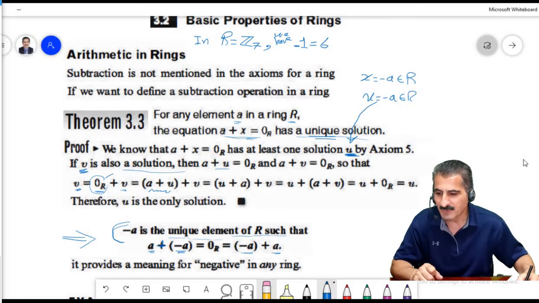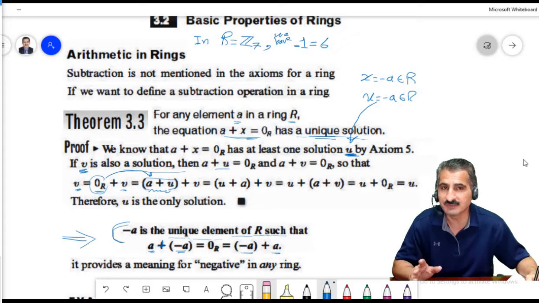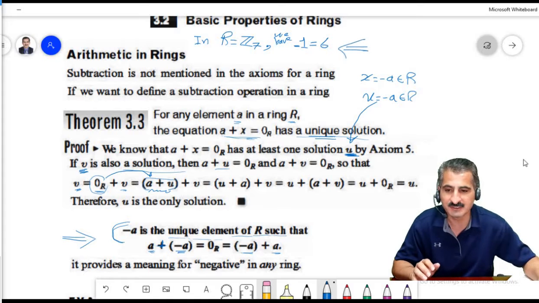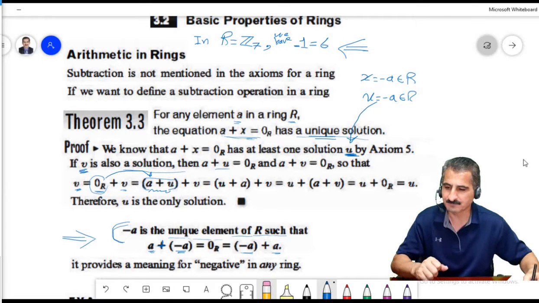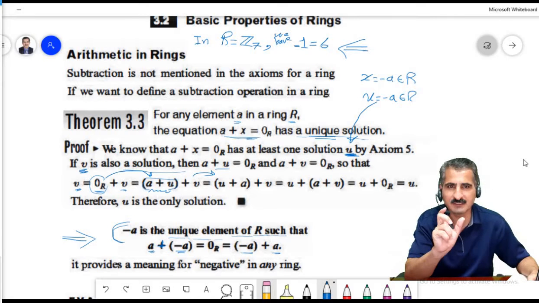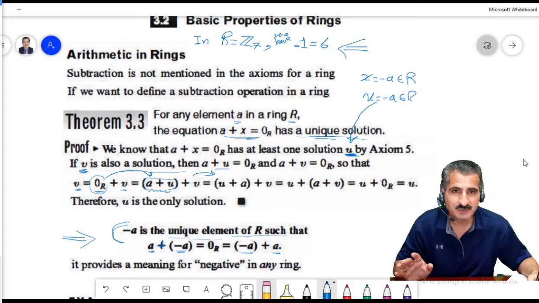So we replaced the 0 with A plus U because U is negative A. Now we will keep saying negative A, but we mean it is the additive inverse. Okay, it is not the negative image as I pointed out here. Now from here to here we use commutativity of addition because a ring is an abelian group under the addition.